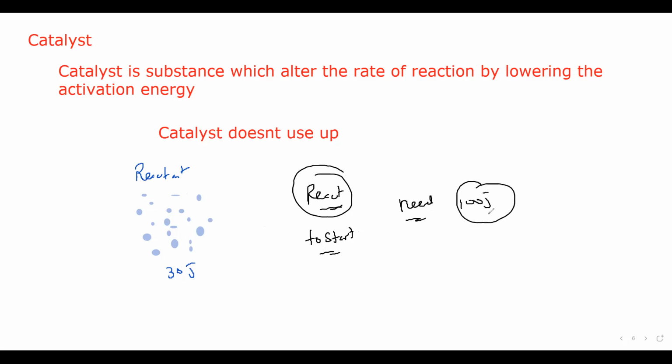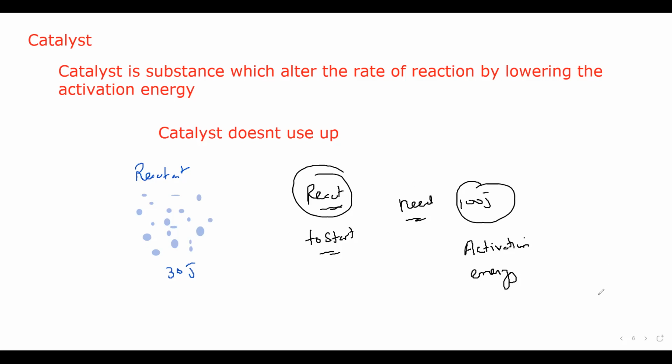This 100 joules of energy, we call that the activation energy, because without this energy, they cannot react. So reactant particles have energy, but they need some more energy to reach the activation energy. So what happens? The reactant particles will not form a product, or they will not react.